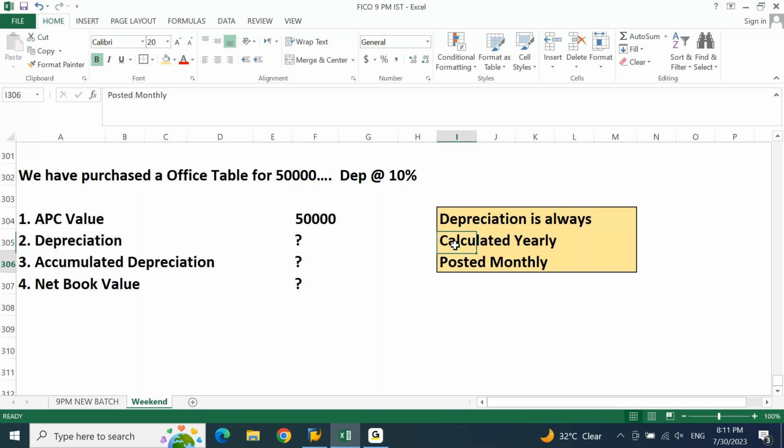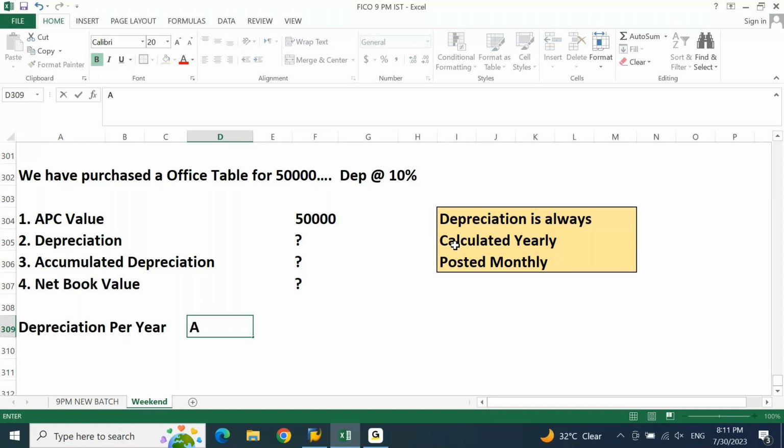So now here, if I put depreciation per year, what is the asset value? 50,000. So I will say 50,000 multiplied by 10%, correct?